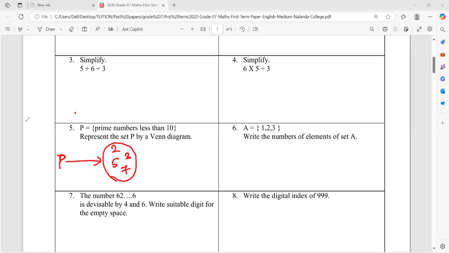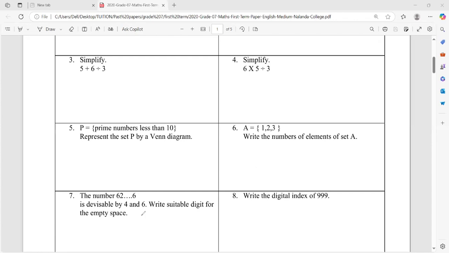Right. So for the sixth question, A is equal to 1, 2, 3. Write the number of elements of set A. The number of elements of set A is 3. Right? There are 3 elements.